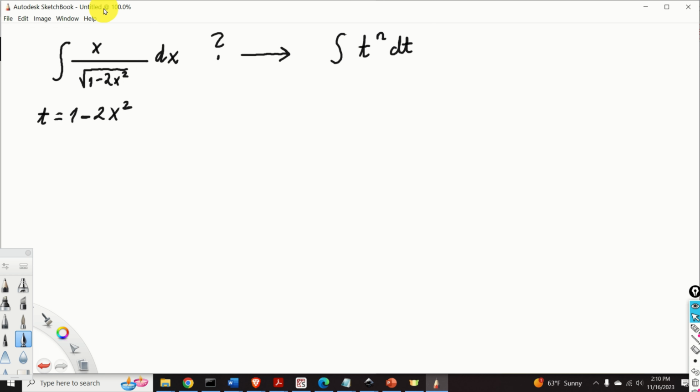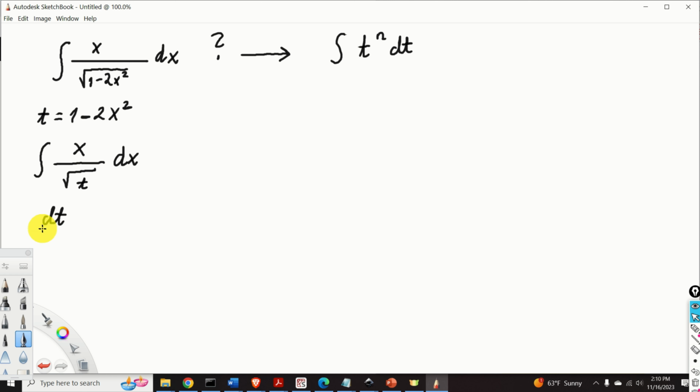So here's the issue over here. We can obviously substitute t, and we can obtain something like this, square root of t. And the issue is that over here we will have x and dx. So how to get rid of x and dx? Well, let's try to differentiate this expression with respect to x.